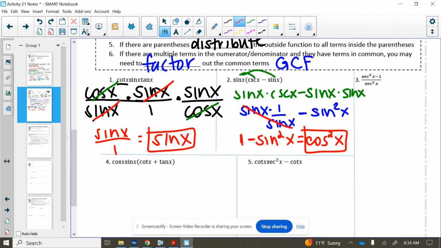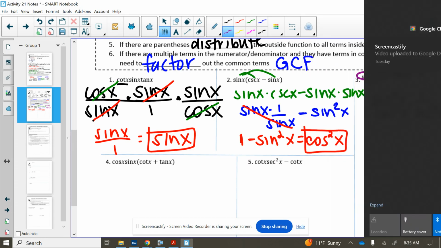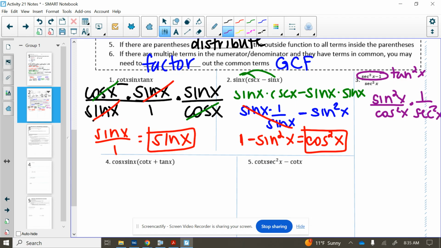Number 3 is interesting because there's a couple different ways you can go about it. You may notice on this one that secant squared minus 1 is equal to tangent squared x. So we would have tangent squared x, which is sine squared over cosine squared. And then we had 1 over secant squared, which might be more useful to us to write as cosine squared, but in the numerator, right?